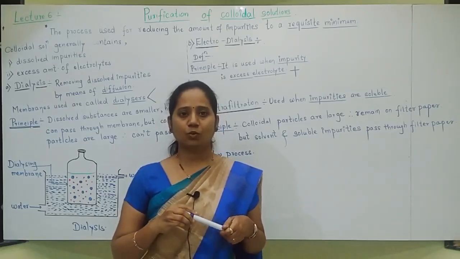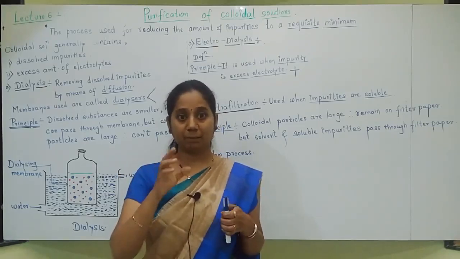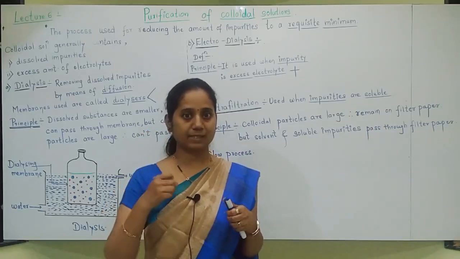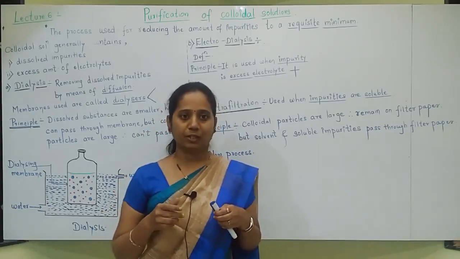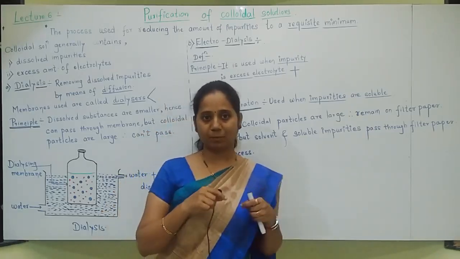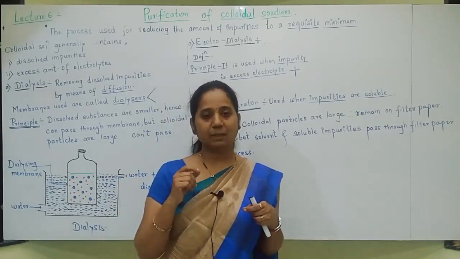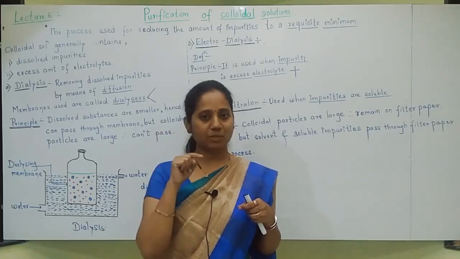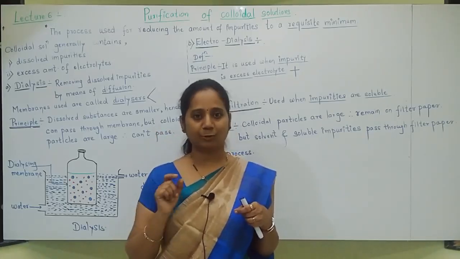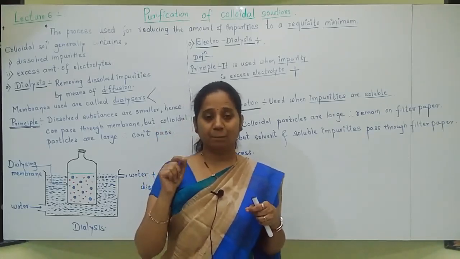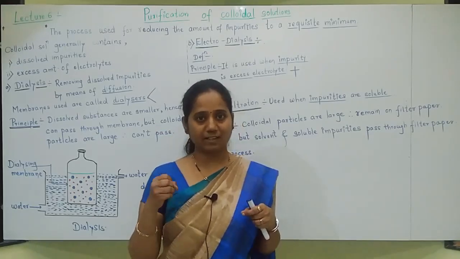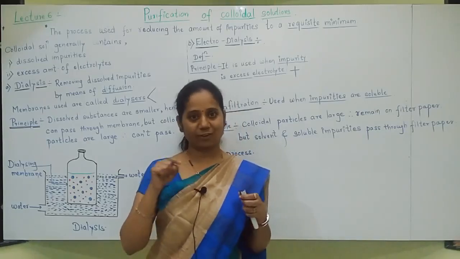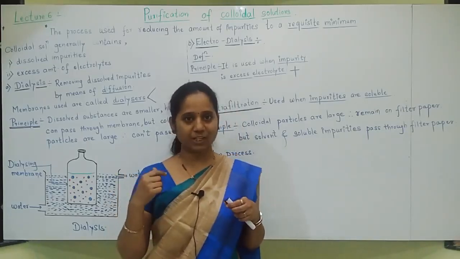Before starting that, let me tell you first. I told you that there will sometimes be excess electrolyte that we have to remove. In the previous method of preparation of colloidal solution, the peptization method, I told you that along with the dispersion medium we should add a small amount of electrolyte. Understood?